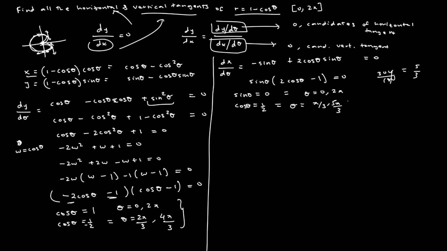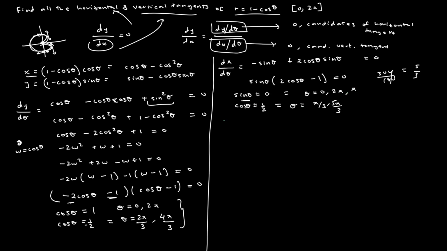So those are our candidates for a vertical tangent, and then again sine theta is also 0 at pi. So those are candidates for vertical tangent.